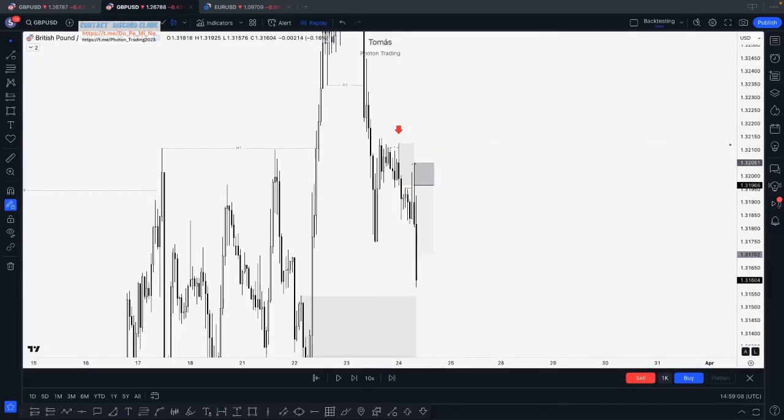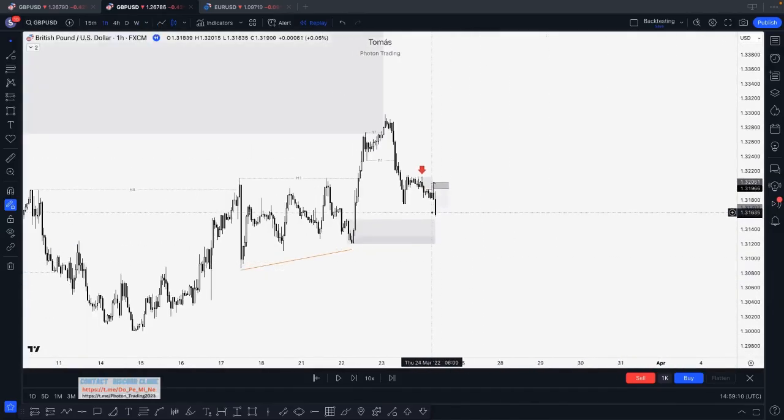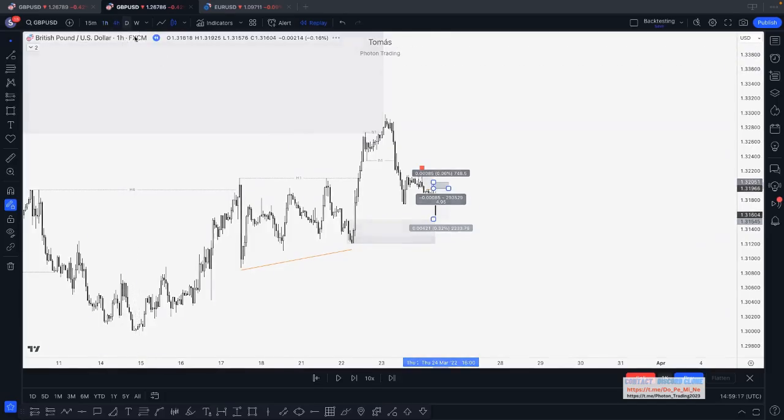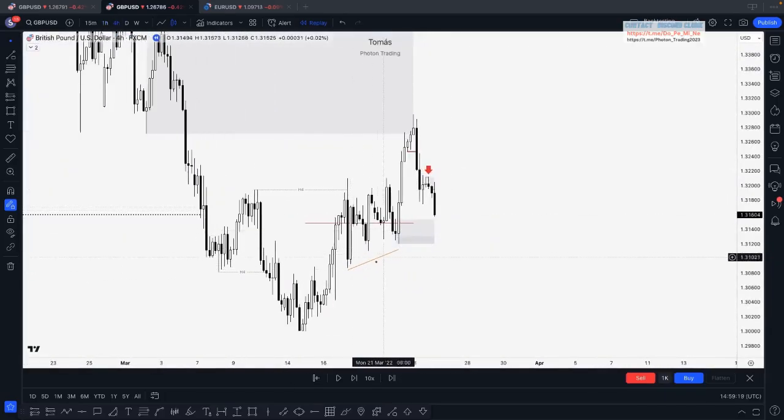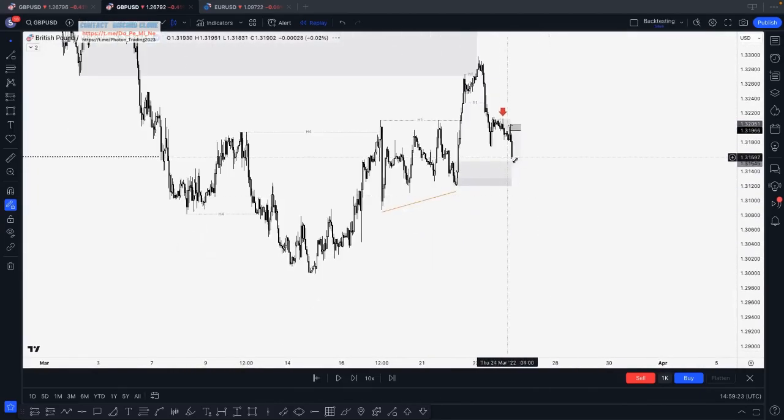In terms of target, you can map a few things. You can target the H4 POI, or because you can see on the H4 the massive amount of liquidity, you can target the liquidity itself.